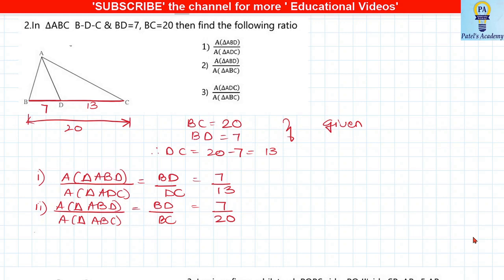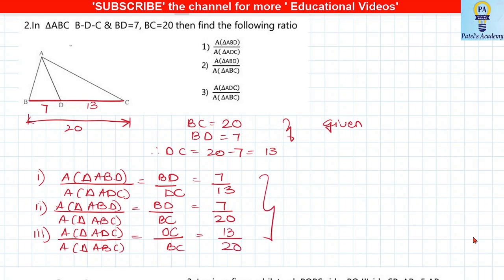Now the third one, that is area of triangle ADC upon area of triangle ABC. Again, if you look at the figure, we are talking about area of triangle ADC. The base is DC, and for the bigger triangle, the base is BC. So that is DC upon BC, 13 upon 20.